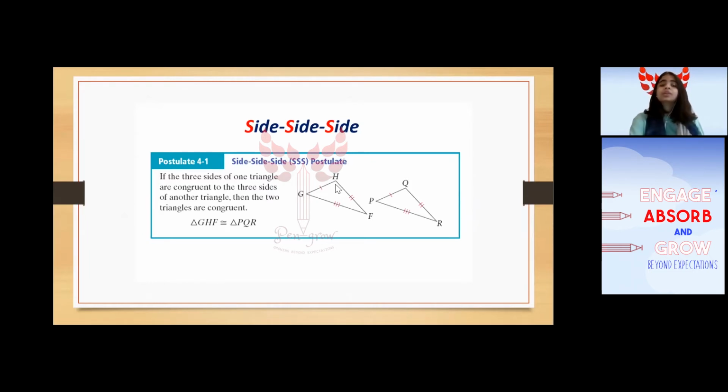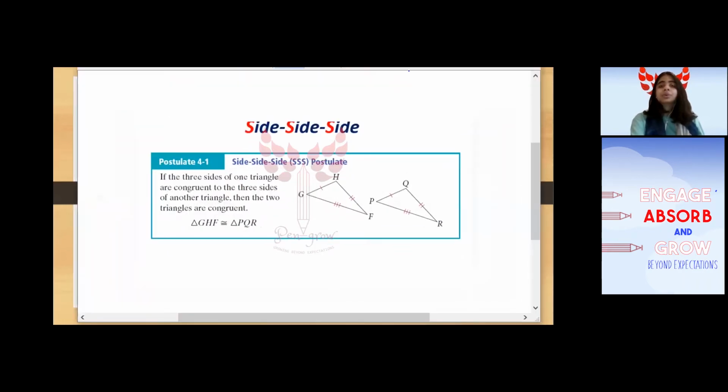Now here we will look at the word corresponding.